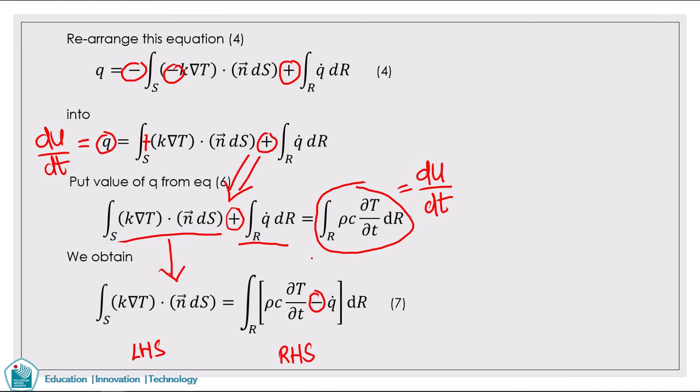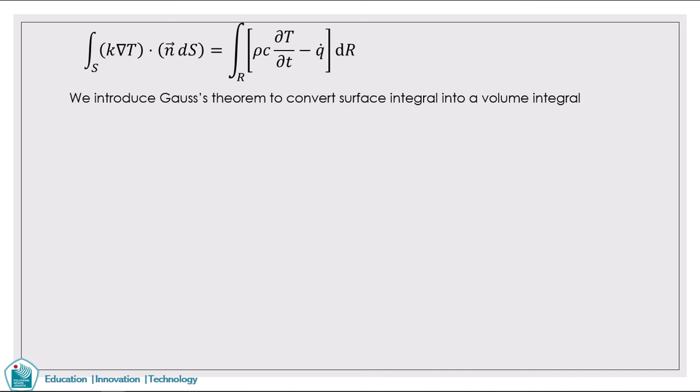And since the right hand side, the integration is the integration over the volume, we can write the dr outside the bracket, and we can obtain equation 7. So this one is equation 7.